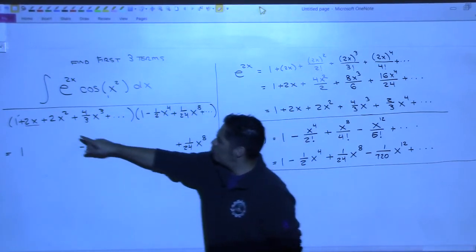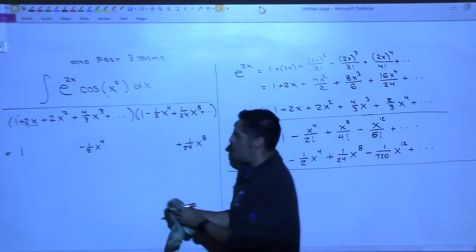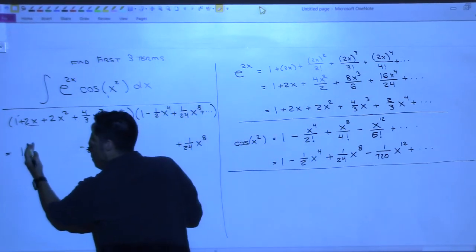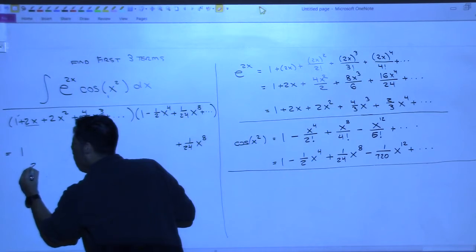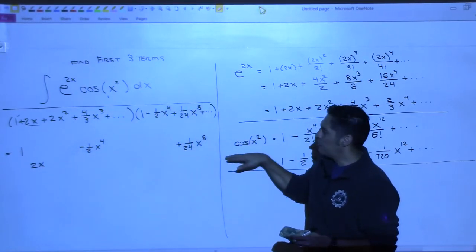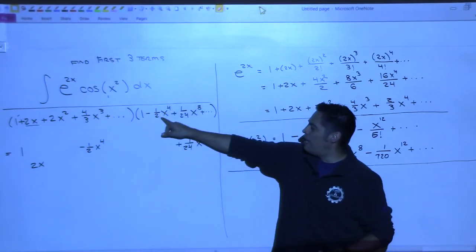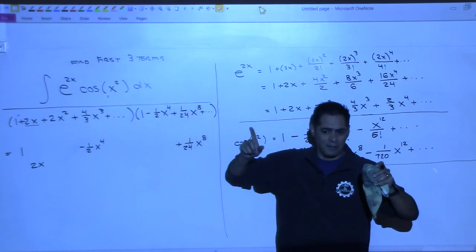So what would happen if I do 2x times 1? I get 2x. Now, these are my x terms, so I'm going to put 2x right here on a different row. Okay, what would my next term be if I do 2x times negative 1/2 x to the 4th? Negative x to the 5th power, because the 2 and the 1/2 cancel out.